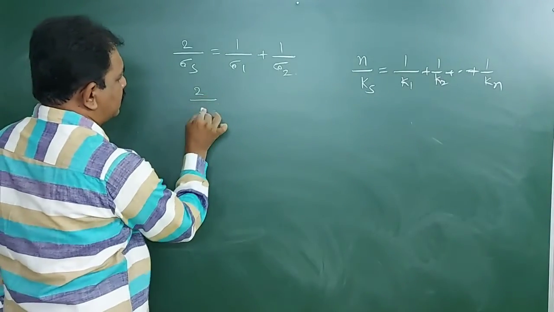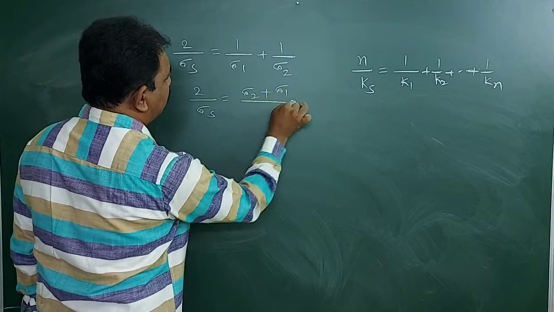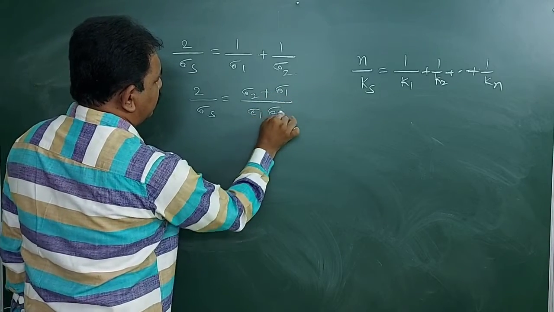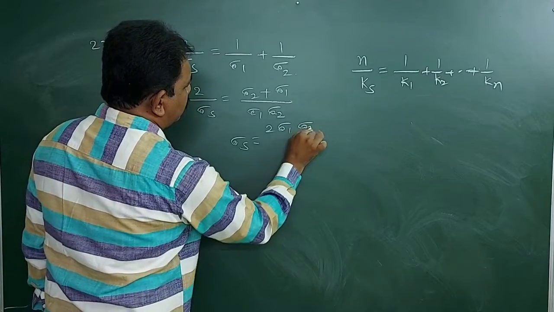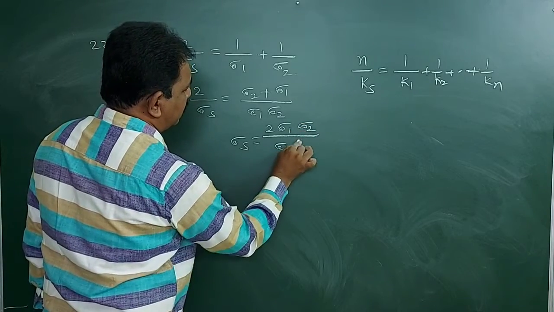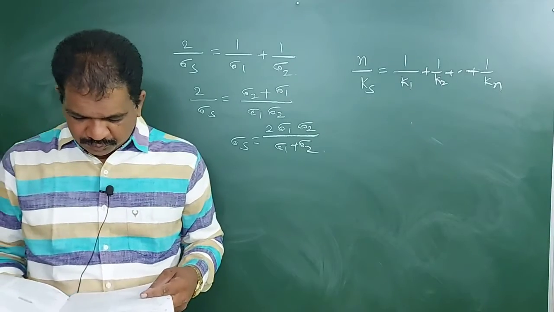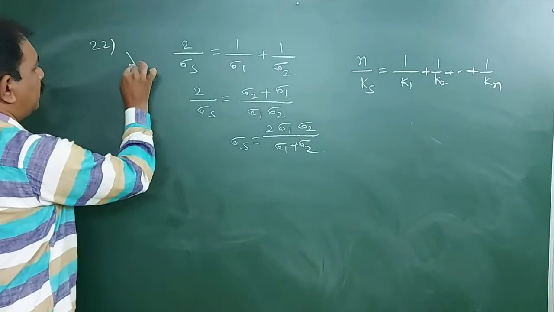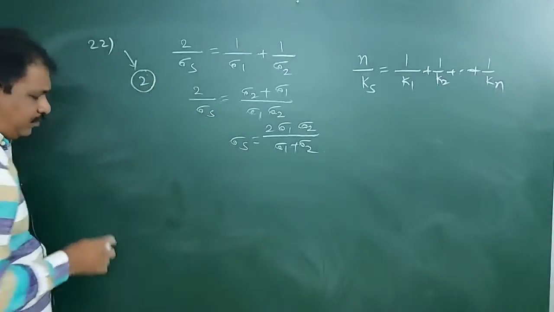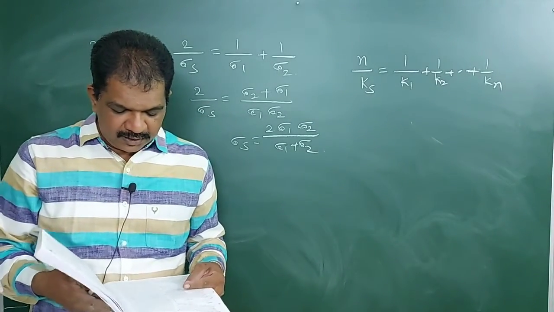So 2 by sigma s is equal to (sigma 2 plus sigma 1) by sigma 1 sigma 2. Sigma s is equal to 2 sigma 1 sigma 2 by (sigma 1 plus sigma 2). So it will be 22. It will be the second option.